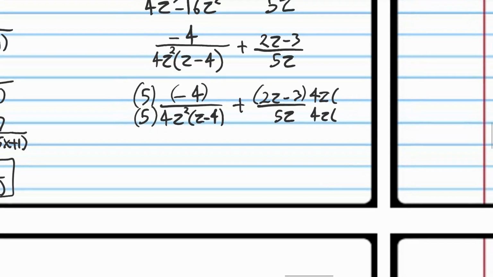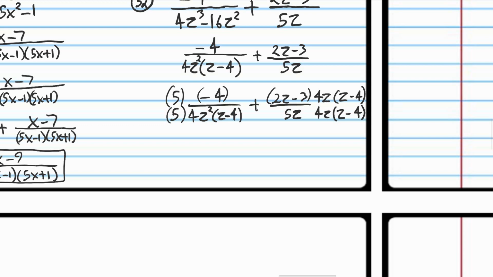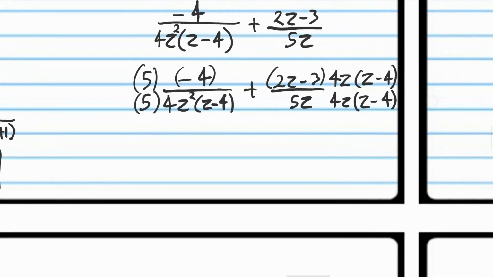And I should write more legibly. Sorry. All right. So this is going to be easy, -20. And we can combine the 5 and the 4 here to make 20 there.